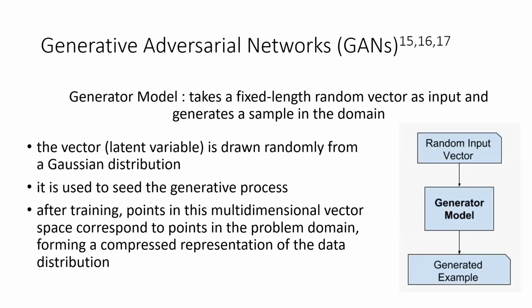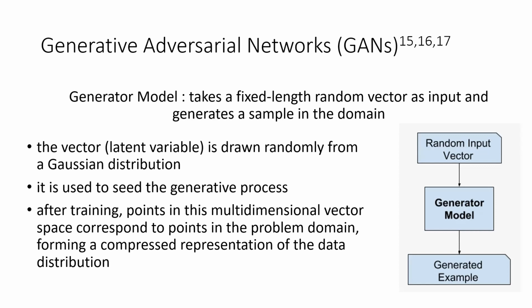Now, as we said, the generator model takes a fixed length random vector. This is the vector that will be used as input in the generation part. As we said, this usually comes from a Gaussian distribution, but it could be any simple distribution.